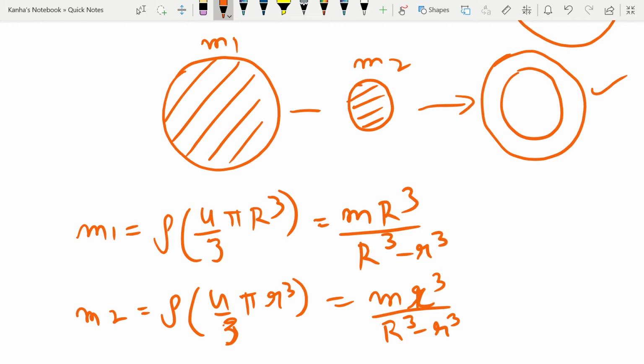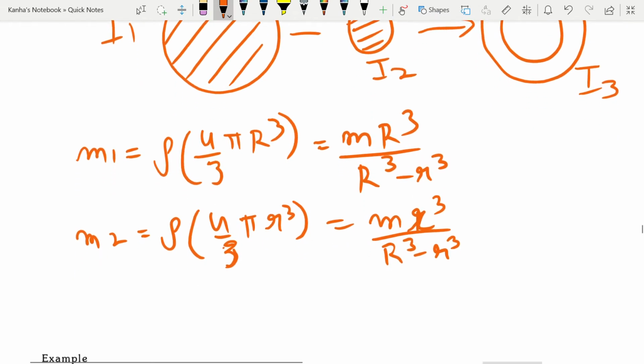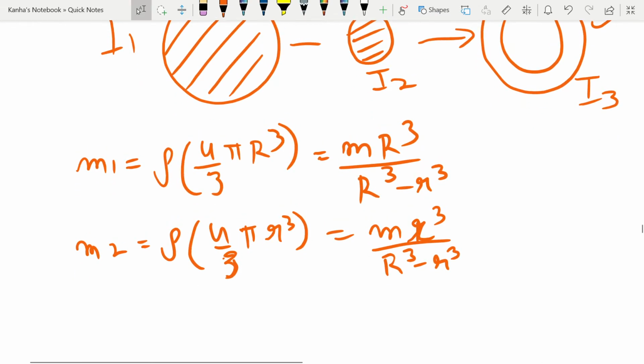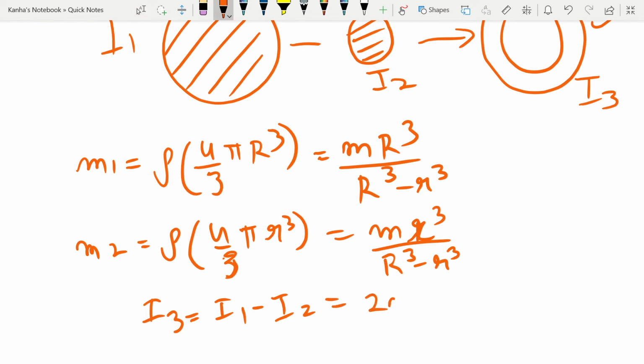Now you just subtract the different moments of inertia. Let me call the moments of inertia I1 for the entire body, I2 for the small body, and I3 for the body that we are concerned with. So I3 is equal to I1 minus I2, which is simply 2 m1 r square by 5 minus 2 m2 r square divided by 5, because you are talking about solid spheres in the question.